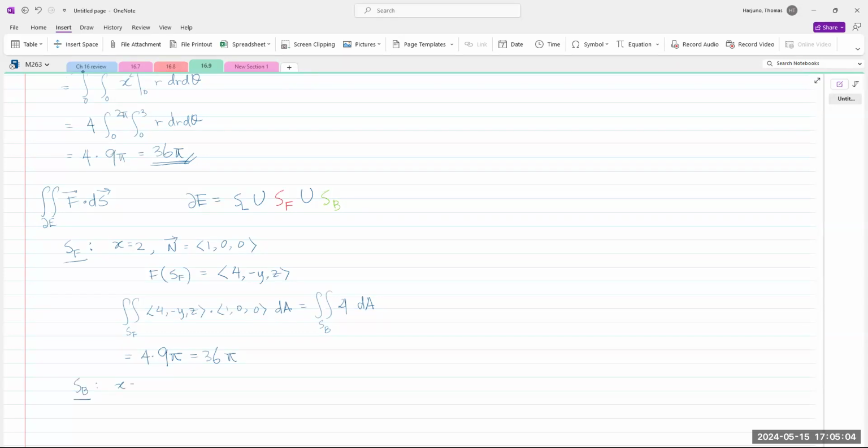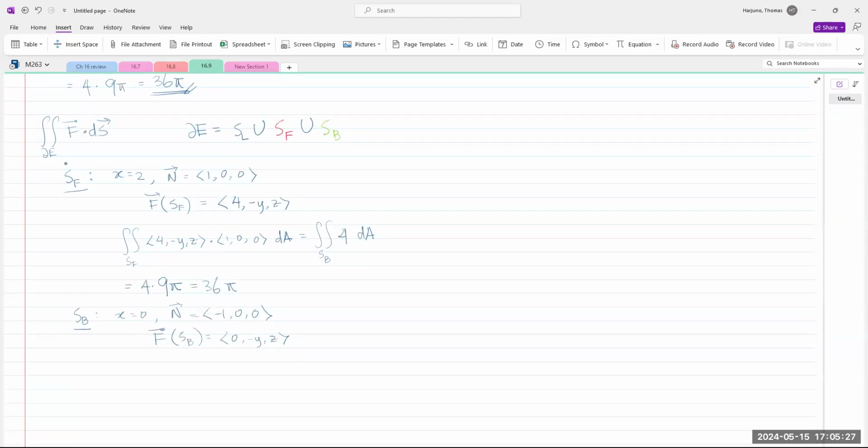That's when x equals 0, so the normal vector, facing backward, will be negative 1, 0, 0. The vector field on the surface at the back will be, the x is 0, negative y, and z, which when we do the dot product will be 0. So the double integral over S_B of F dot dS will be the double integral of 0 dA, which equals 0.